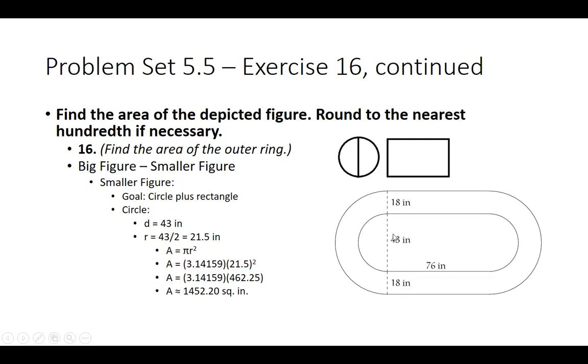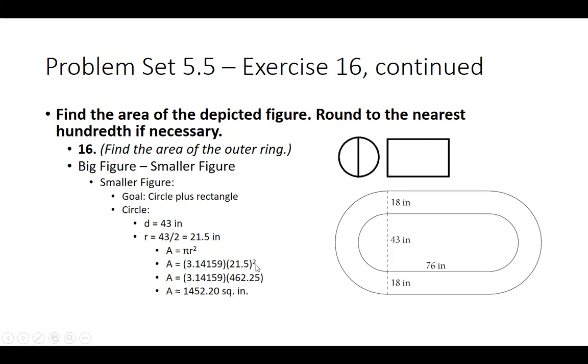So the small circle has a diameter of 43 inches. Half of that for the radius would be a radius of 43 divided by 2, or 21.5 inches. So the area of the smaller circle is pi times the radius squared. That's 3.14159 times the square of 21.5.